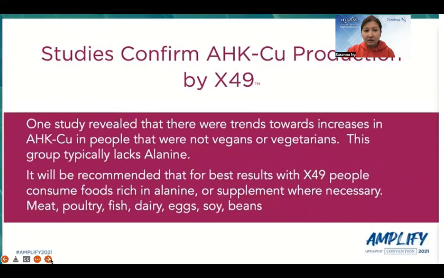The other study also evidenced that there was increased AHKCU in people who were not vegan or vegetarian. The good sources are typically like almonds. It is recommended that for the best result with X49, people consume food rich in iron or supplements where necessary: meat, poultry, fish, dairy, eggs, soy, beans.